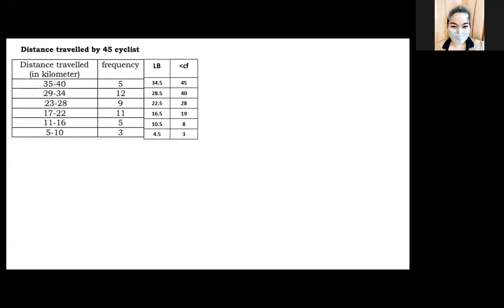So, proceed na tayo. Ano nga ulit yung relationship ni median sa quartile? Meron ba siyang relationship doon? Diba, when we say median, it is the middle score, middle value. When it comes to quartile, alin ang middle value?